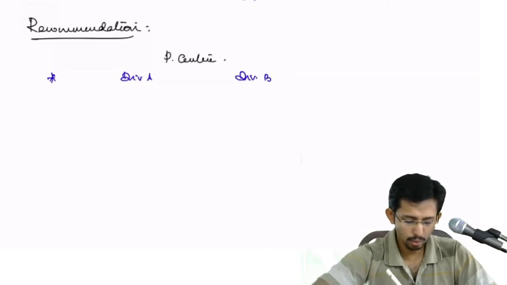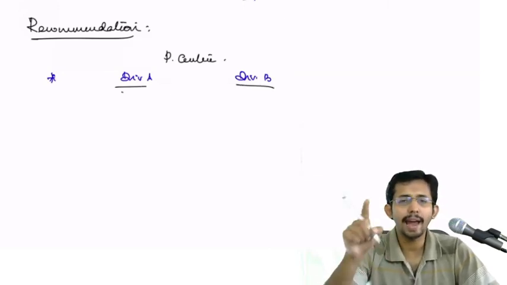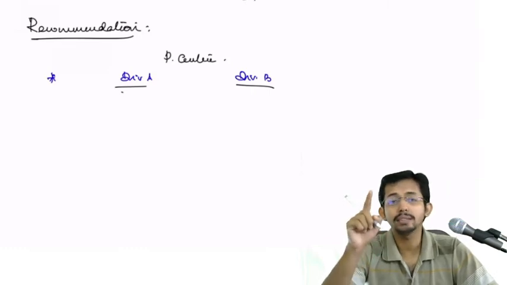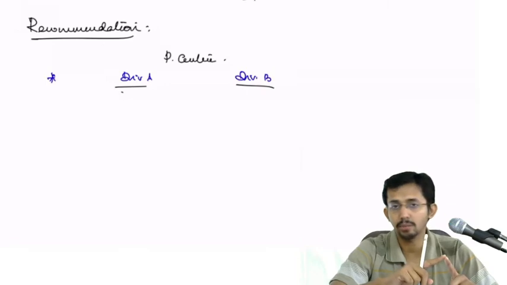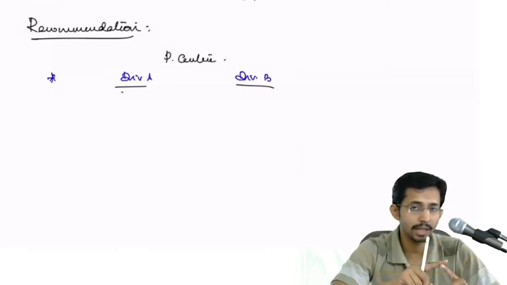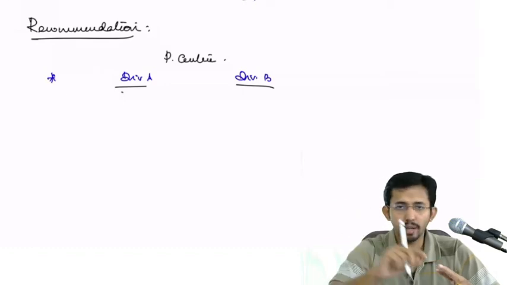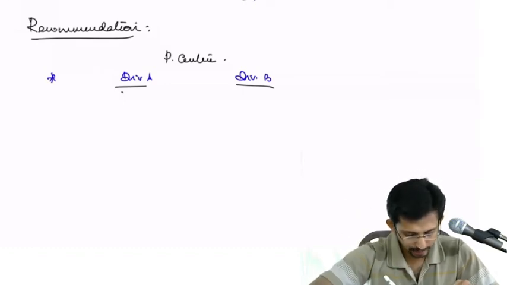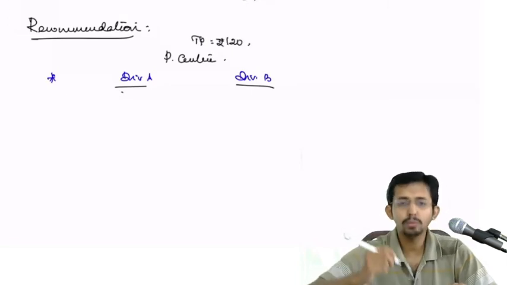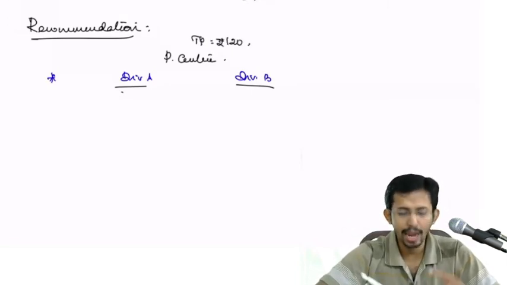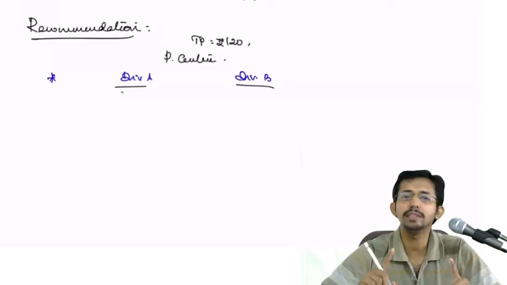So when they are treated as profit centers, the divisional managers of both A and B have the authority to take decisions with respect to internal transfer, whether or not to accept internal transfer, or the price to be charged for internal transfer, etc. Now if the TP is rupees 120 as we discussed, what would be the decision of A and B managers? Will the internal transfer happen in this case?